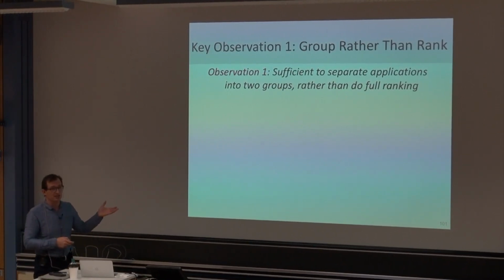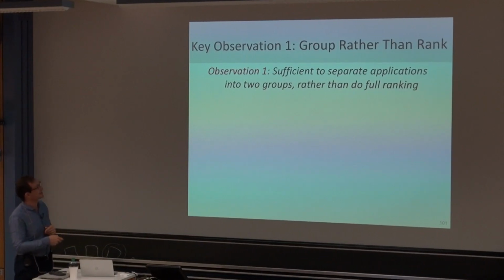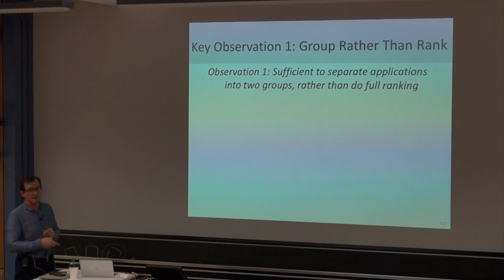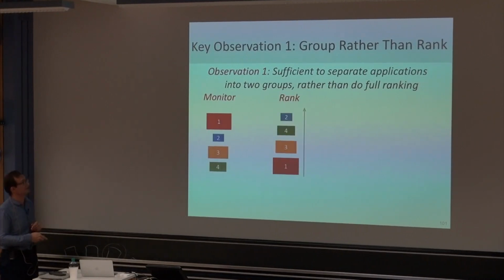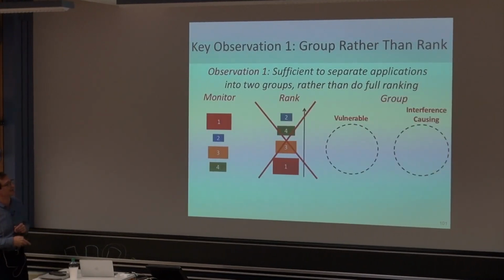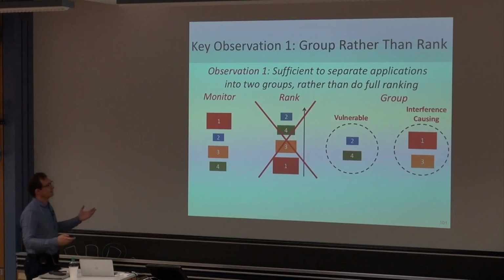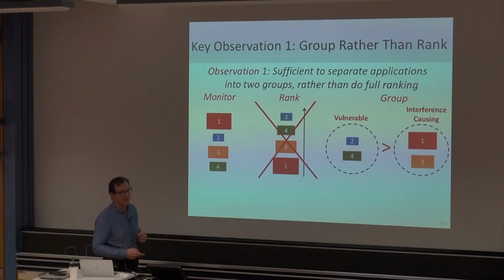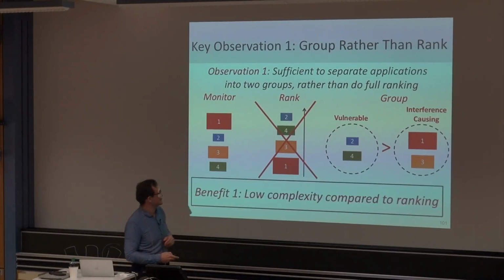So the first observation is full ranking is not great. It's sufficient to separate the applications into two groups rather than to do full ranking. As opposed to doing full ranking, you basically form two groups, vulnerable to interference and interference causing. And you somehow prioritize the vulnerable to interference threads over the other ones.